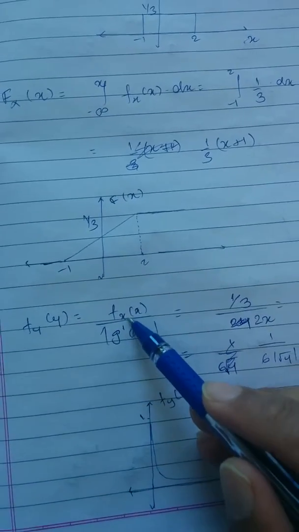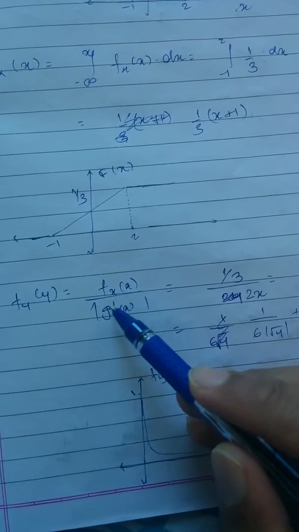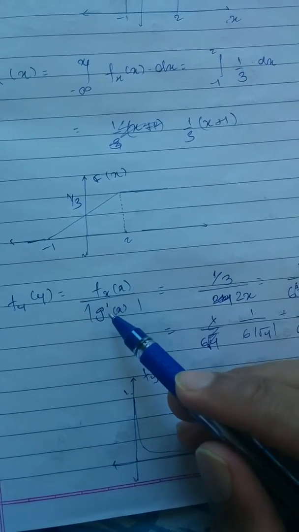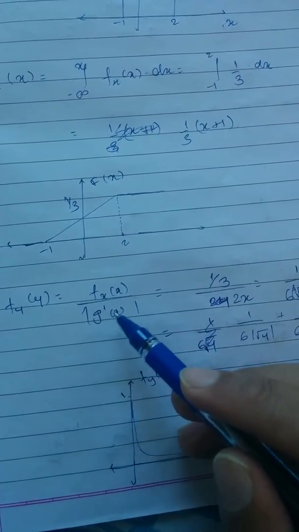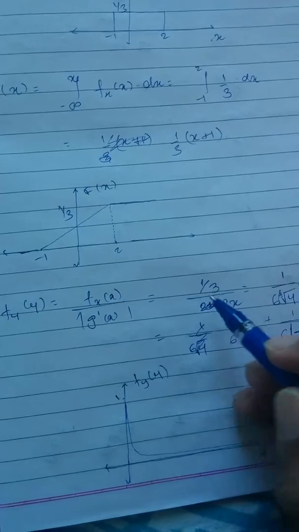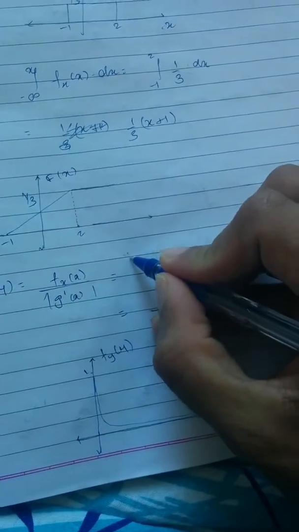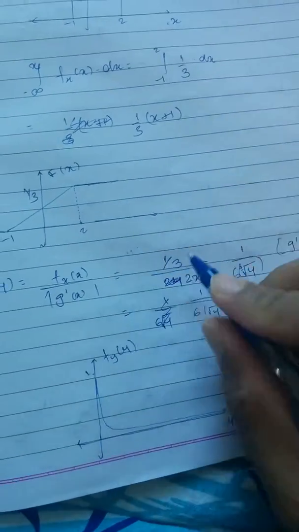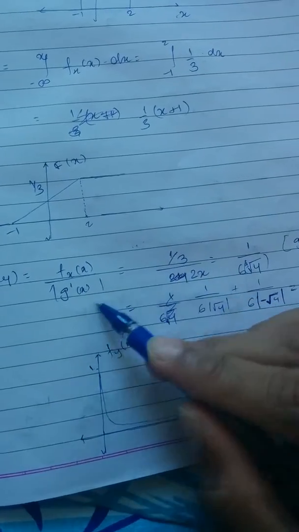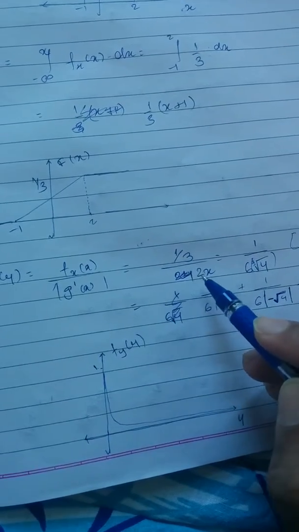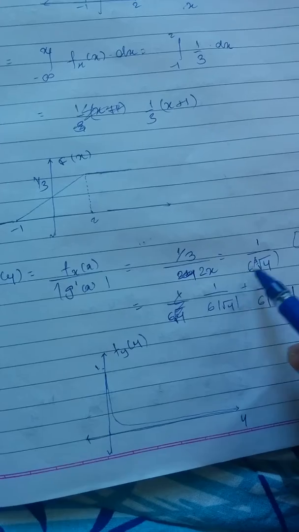Now f_Y of y is given by f of x divided by the derivative of y. Now we have y equal to x squared here. So f of x is 1 by 3, the derivative is 2x, so we get 1 upon 6x.